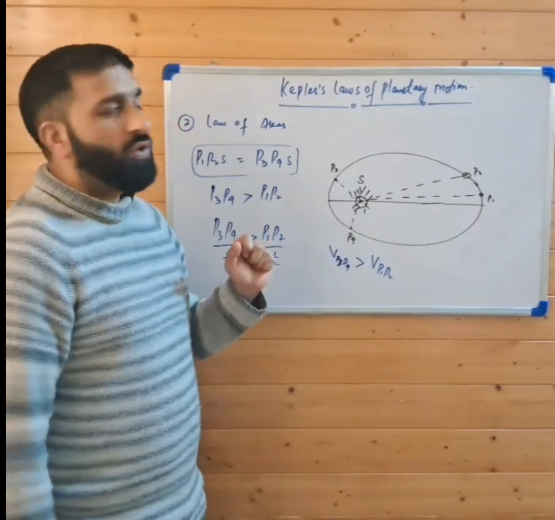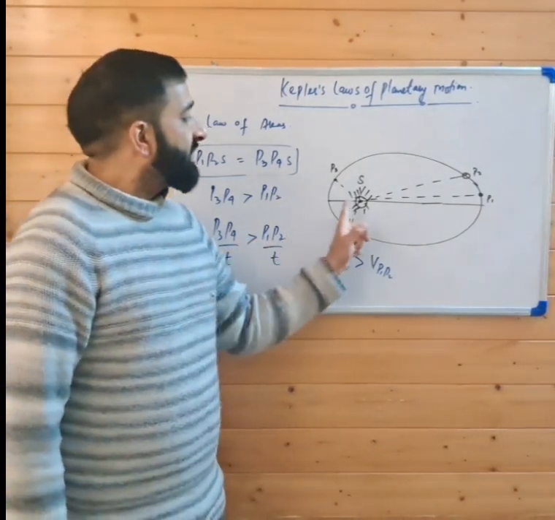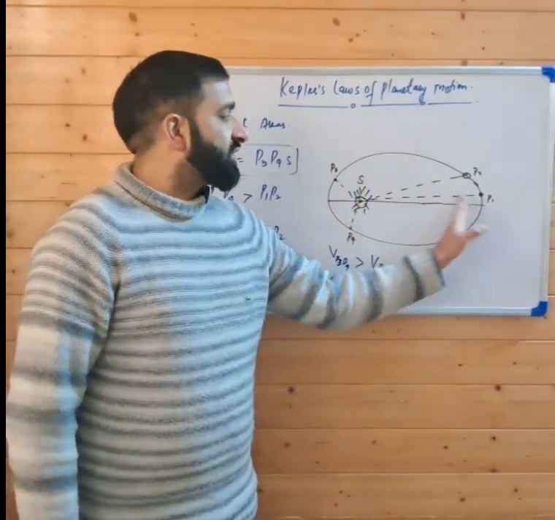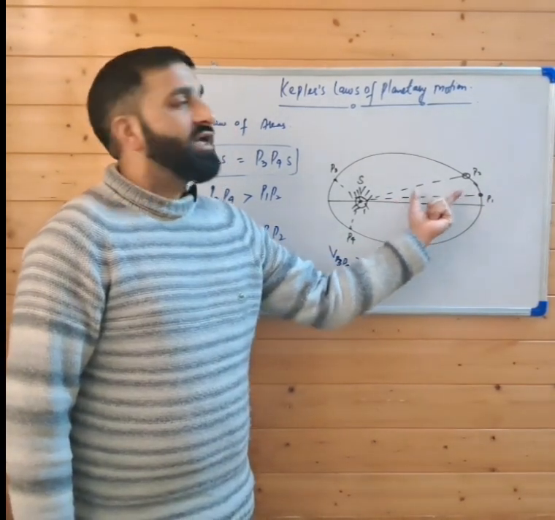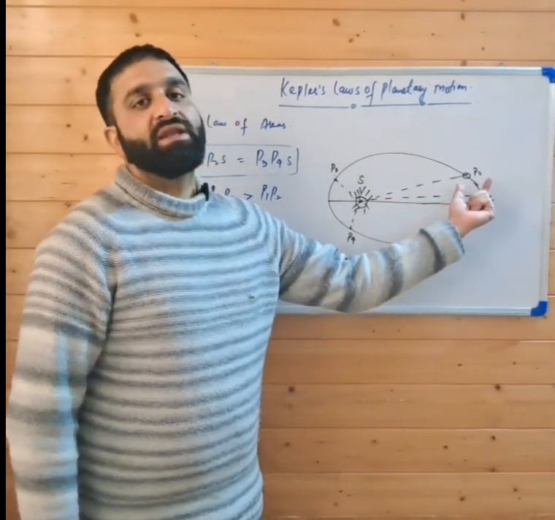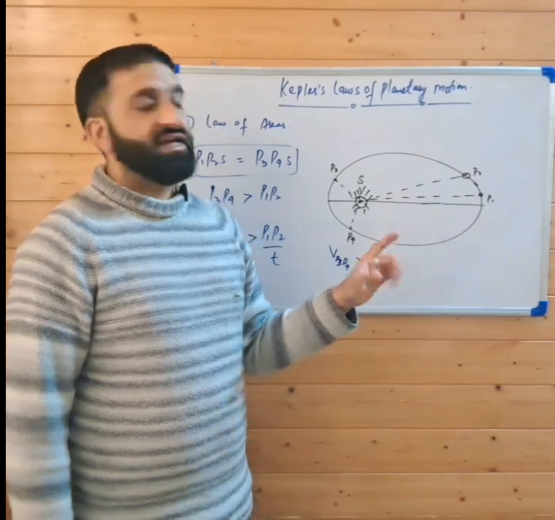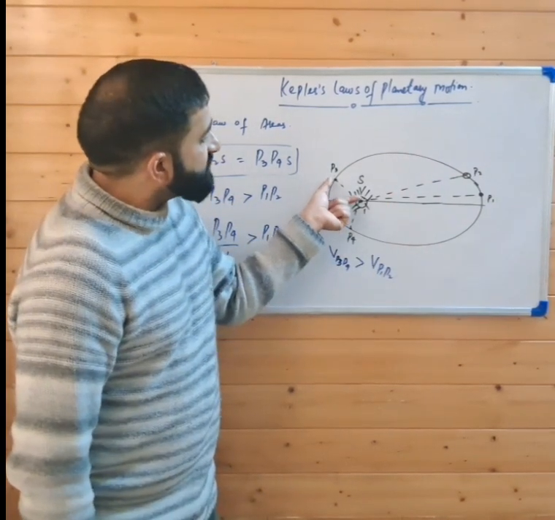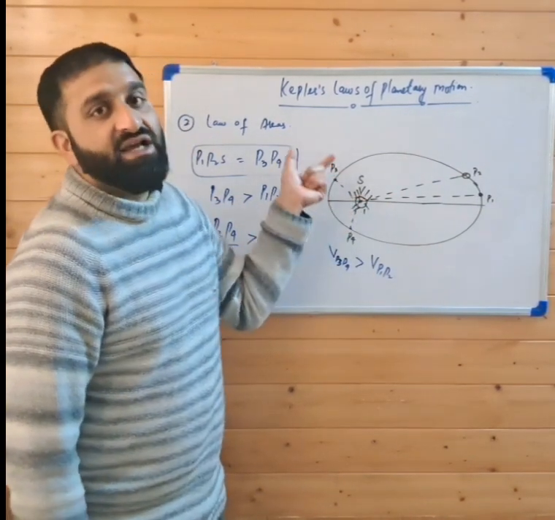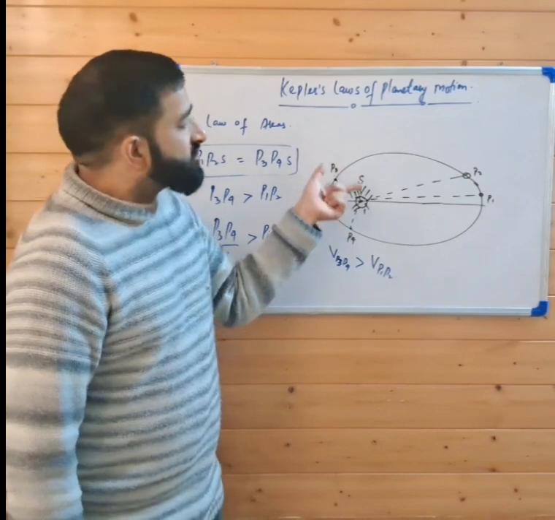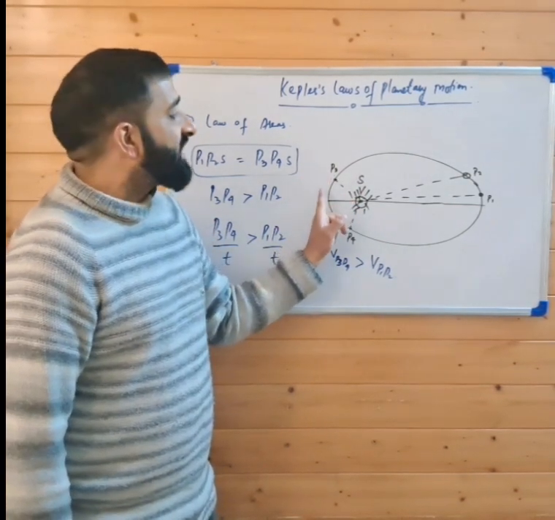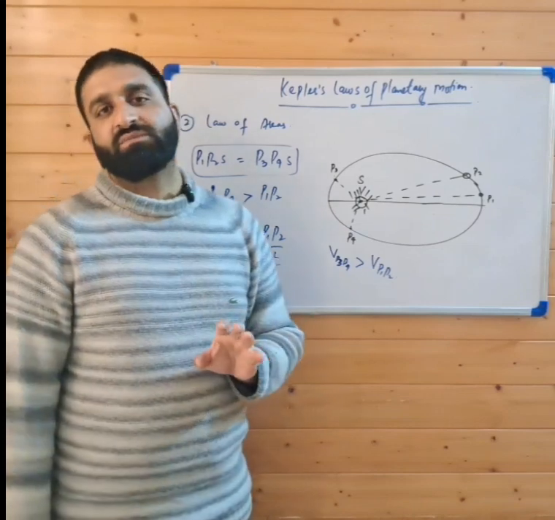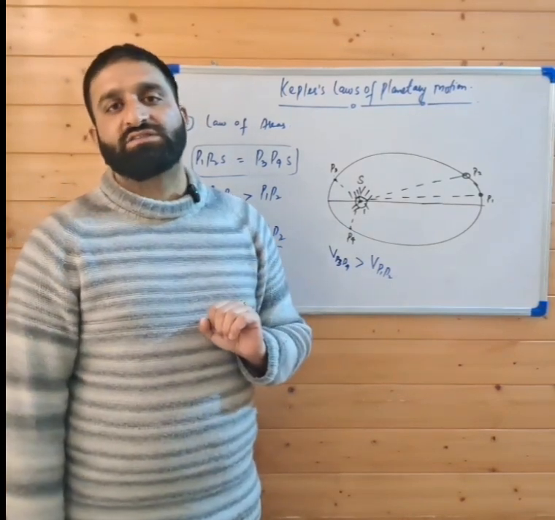That can also be predicted from here. The gravitational force here should be less as the distance is more, so the kinetic energy should be less, so velocity should be less. Here, as the distance from the sun is less, the gravitational force is more, so the kinetic energy of the planet is more, therefore the velocity is more. This is the law of areas.